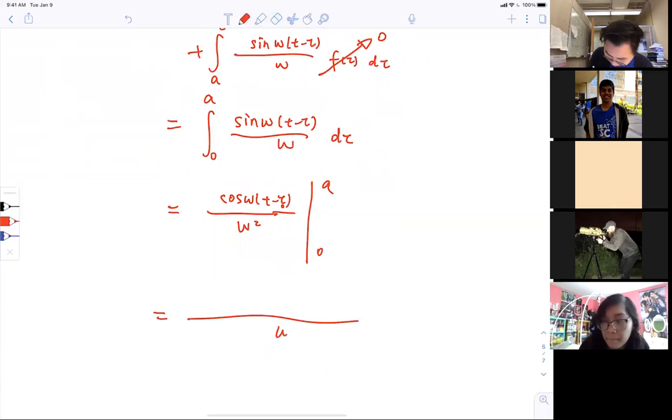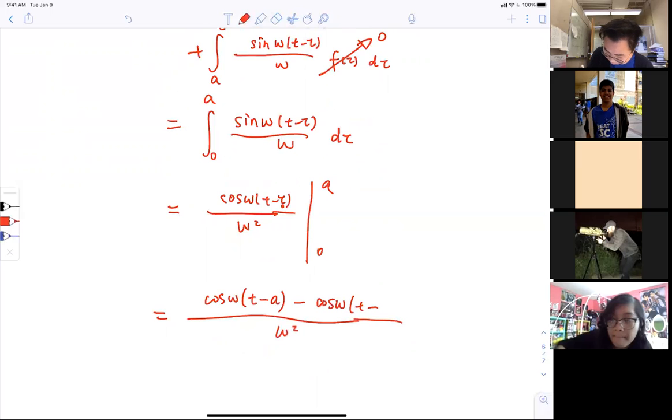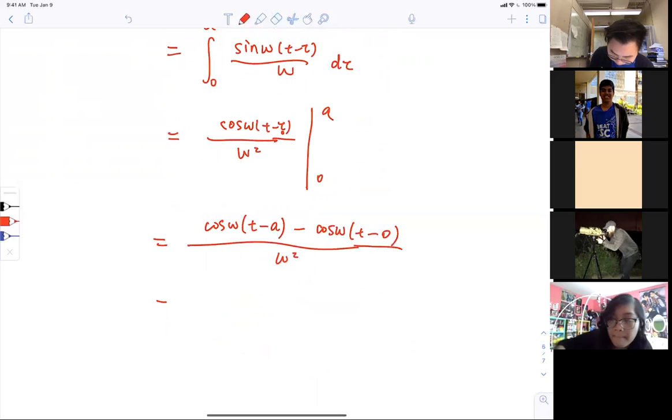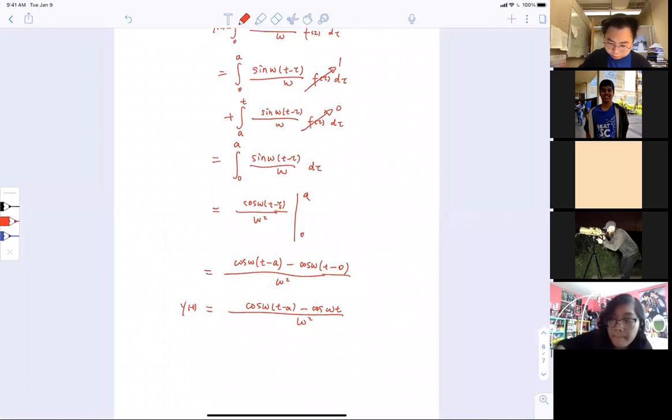So omega squared cosine omega (t minus tau). Tau in this case is a, and minus cosine omega (t minus tau), where tau in this case is 0. So omega squared times cosine omega (t minus a) minus cosine omega t. Yeah, this is y(t). So any question about this part?